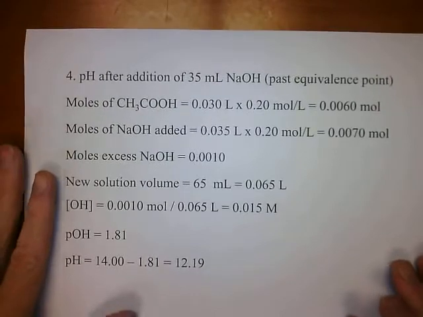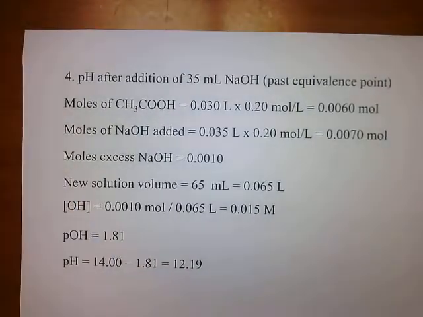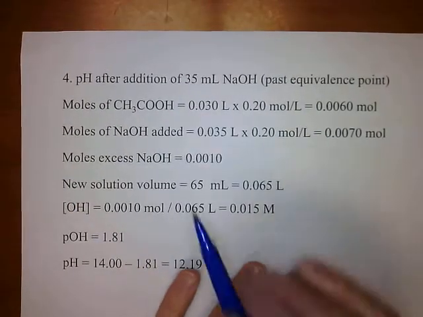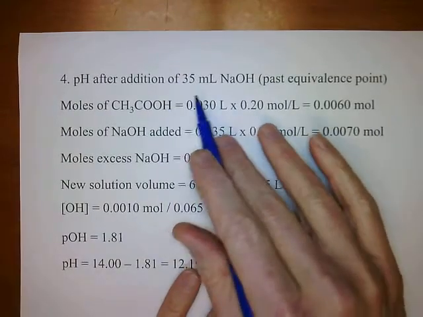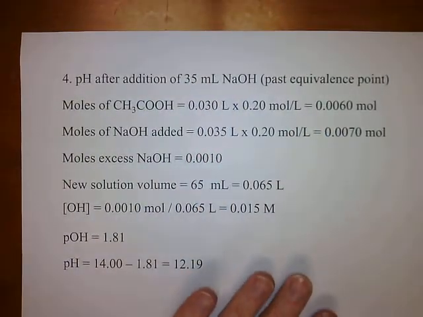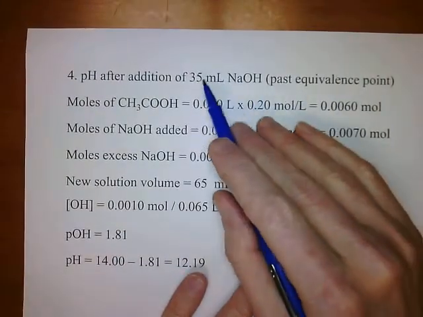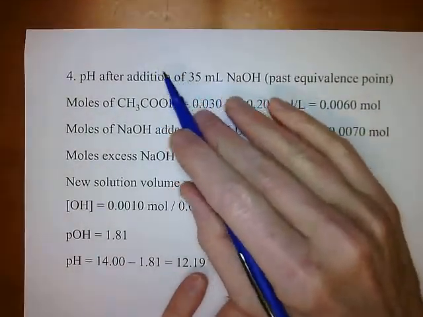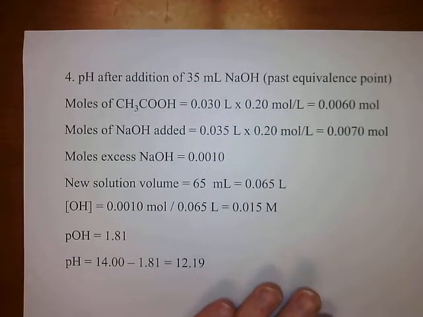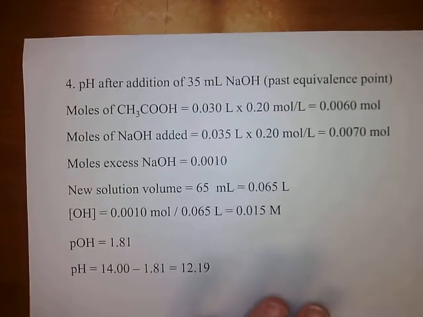So now let's do one more calculation. Let's calculate the pH after the addition of 35 mL of sodium hydroxide. So we've gone past the equivalence point. In fact, we've gone way past the equivalence point, like 5 mL past.